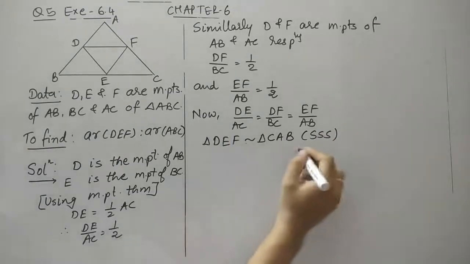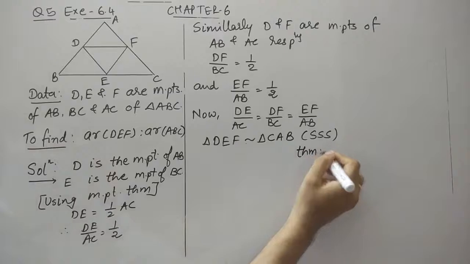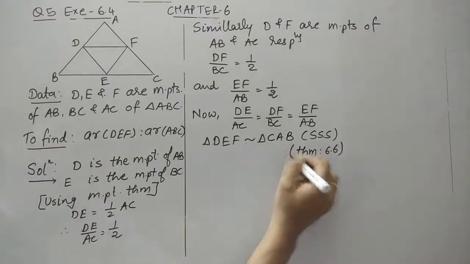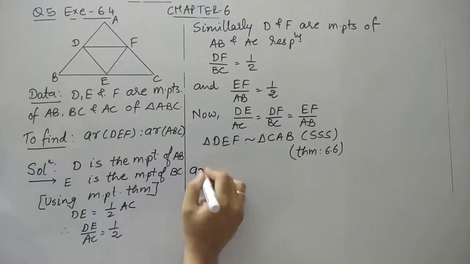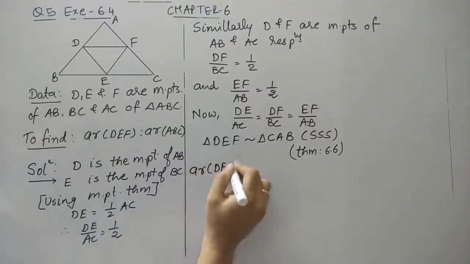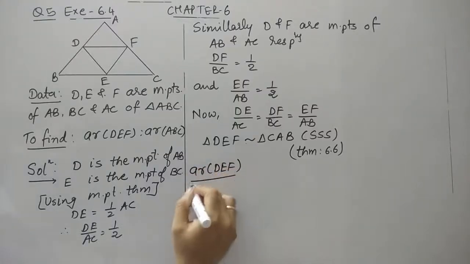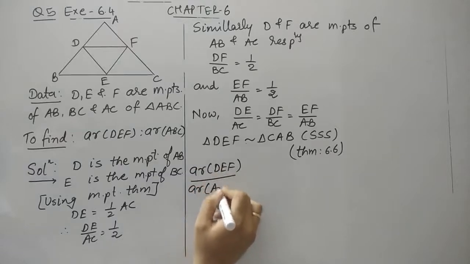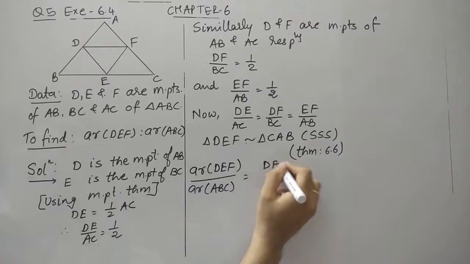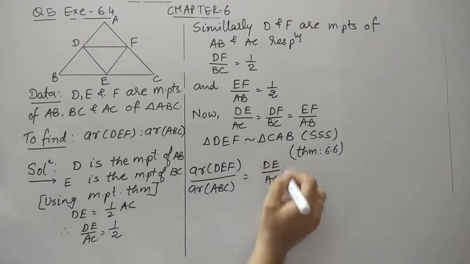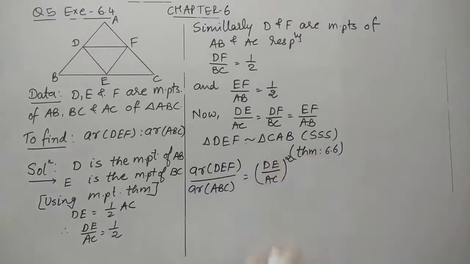now we'll use theorem 6.6. If two triangles are similar, the ratio of the areas of the two triangles is equal to the square of their corresponding sides.